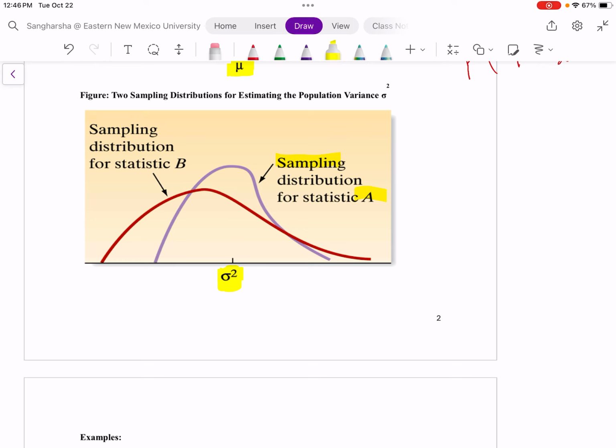So out of A and B, which sampling distribution do we pick to make an estimate? Sampling distribution A. So we choose sampling distribution A, and we make an estimate of this sigma square. Always we look for the sampling distribution with less variability and with the mean or the parameter centered.